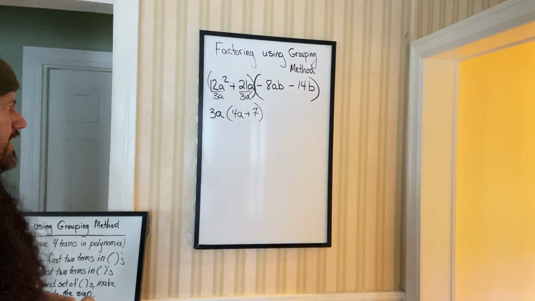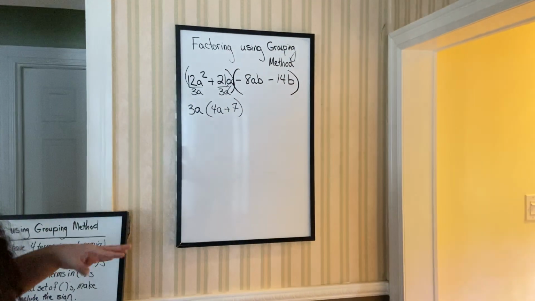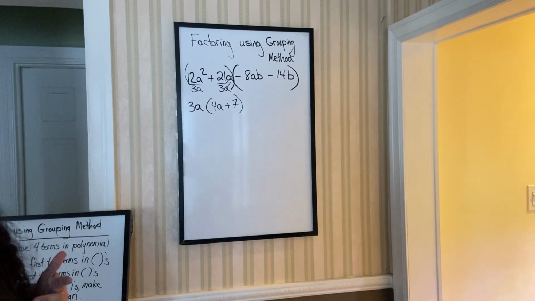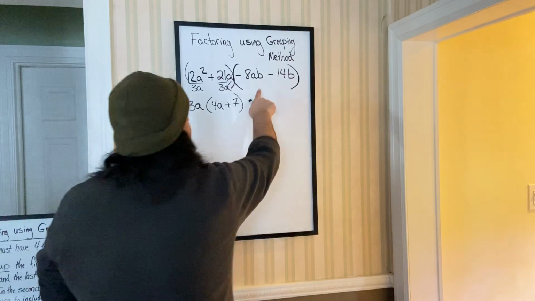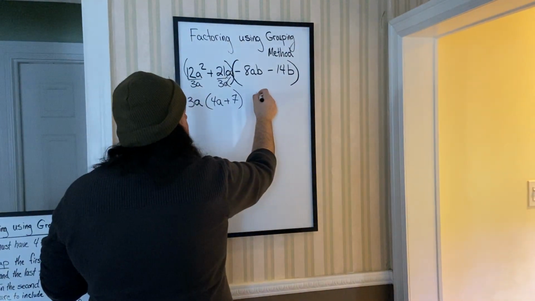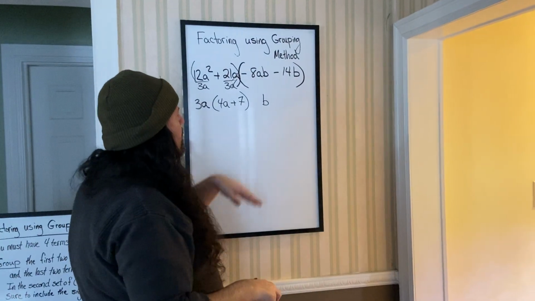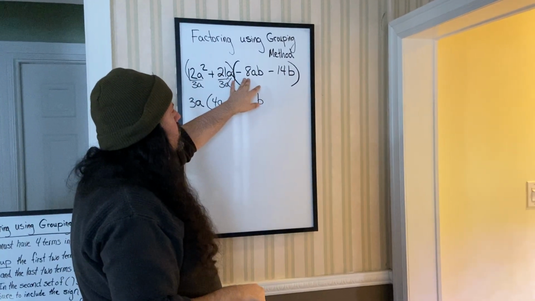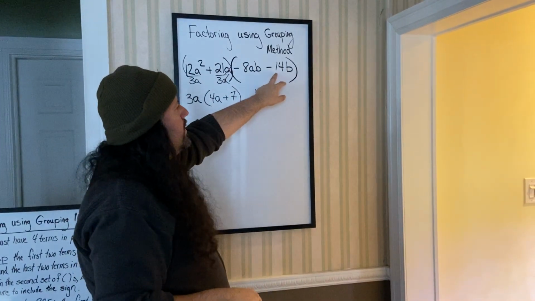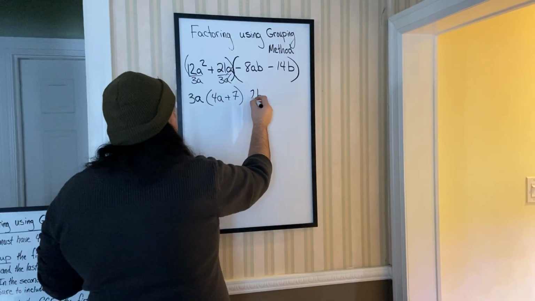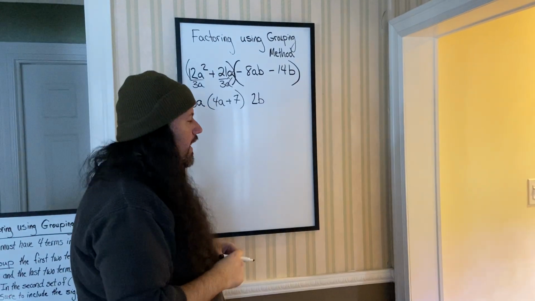That's our third step. Notice, yes, there's no matching parentheses, but they do have the same letter. See how they both have a letter B? So we know our GCF has a B, but it also has a number. Remember, 8 was 2, 2, 2. 14 was 2, 7. So you can take out a 2 since they both had a 2 in common.